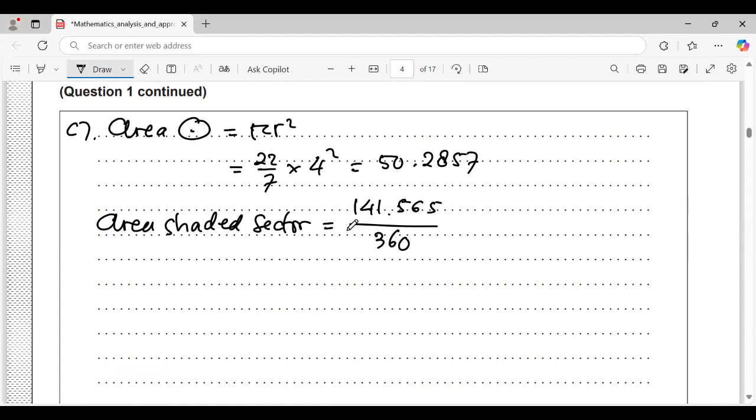So theta divided by 360 multiply this area, 50.2857, and it equals 19.774. Round off becomes 20 centimeters squared because it is area.